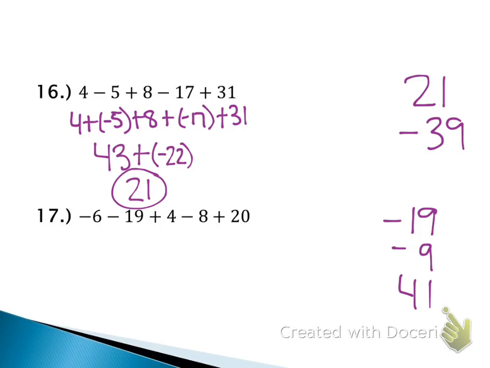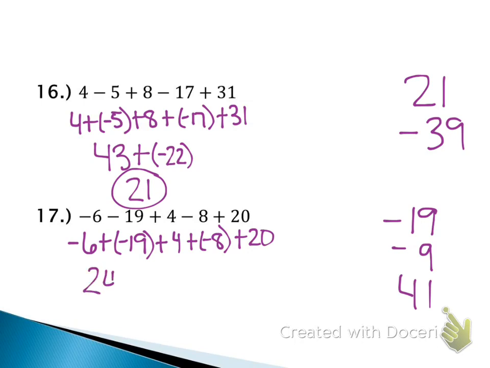All right, let's see if one of these is correct. I'm changing my subtraction problems to addition problems. I'm going to combine all of my positive numbers first. That would just be 4 and 20, giving me 24.